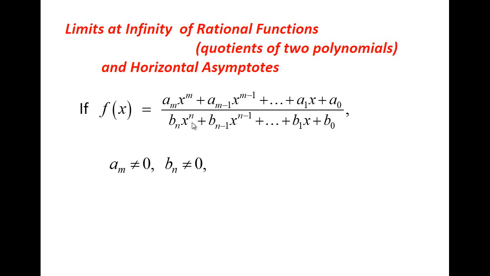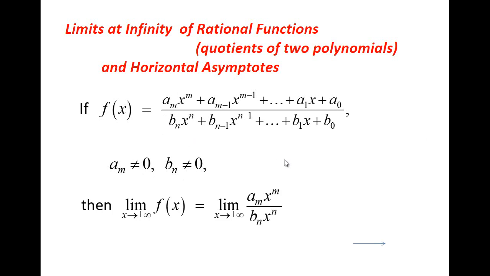The denominator has degree n with leading coefficient b_n. a_m and b_n are not zero, because if they were zero, then this wouldn't be the leading term. Now, the limit of f of x as x goes to infinity or negative infinity would be the same as the limit of the ratio of the leading terms. So when you are taking the limit of a rational function at infinity or negative infinity, you can just take the limit of the ratio of the leading terms.